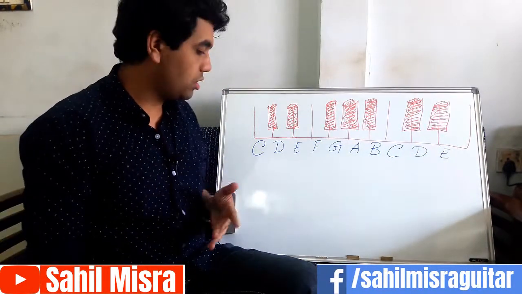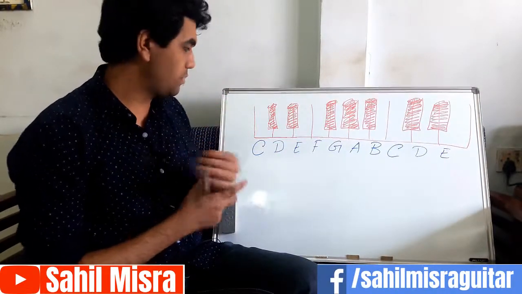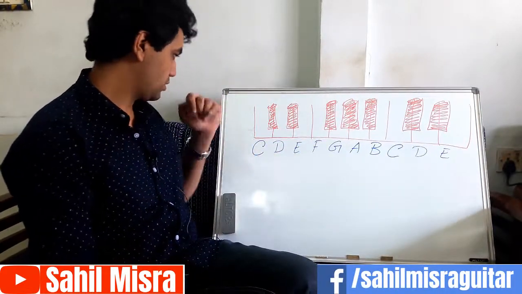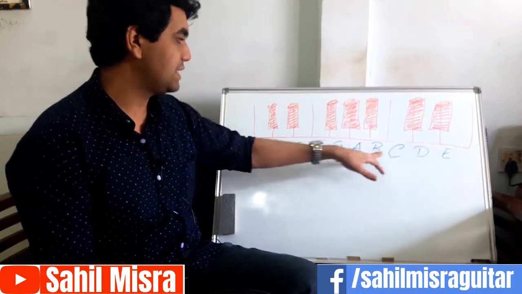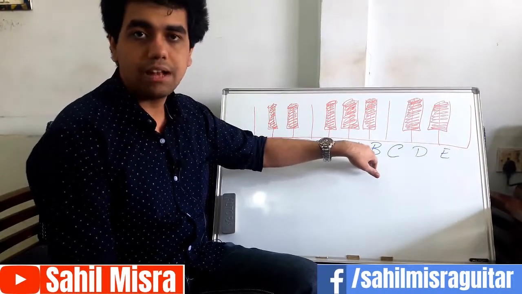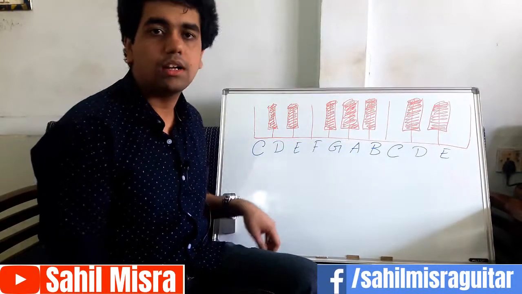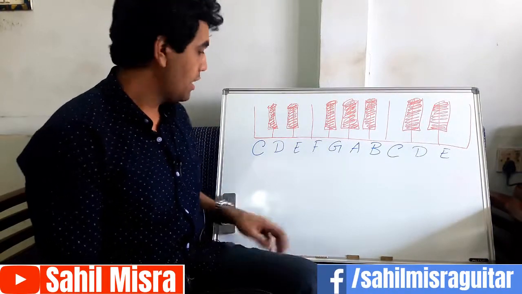So these are all the white keys which we have on the keyboard. Simply, we have 1, 2, 3, 4, 5, 6, 7 letters in the music alphabet, and that's why we call it the 7 notes in music, or sat sur in music.